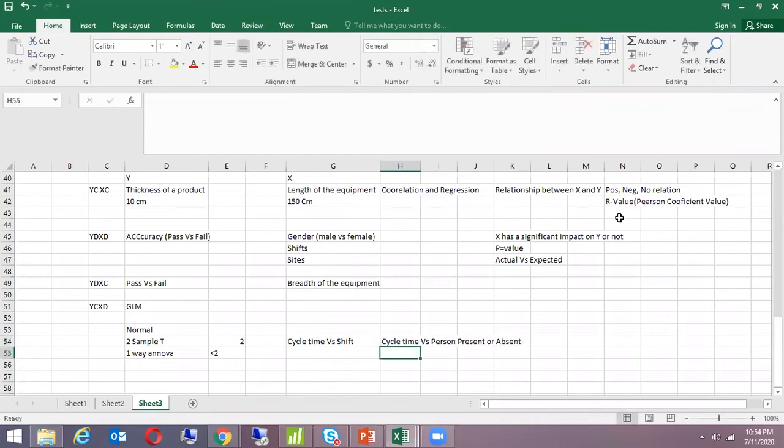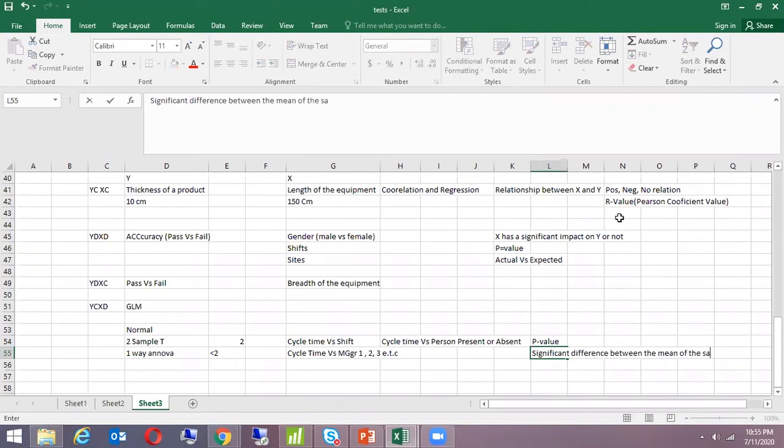Okay, one way ANOVA, we have more than two variables, cycle time versus manager 1, 2, 3, etc. More than that also. Here what I'm inferring, first the p-value, which says if there's any significant difference between the mean of the samples. Okay.